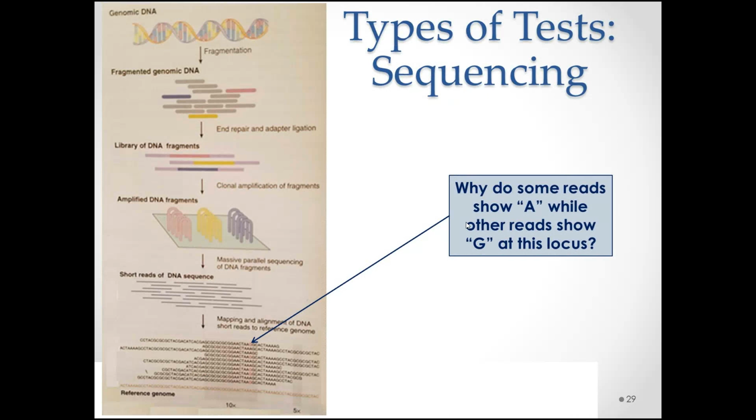Now, if you take this approach, one of the things you can do is apply this magnified enormously through what's referred to as next generation sequencing, also known as second generation sequencing or massively parallel sequencing.